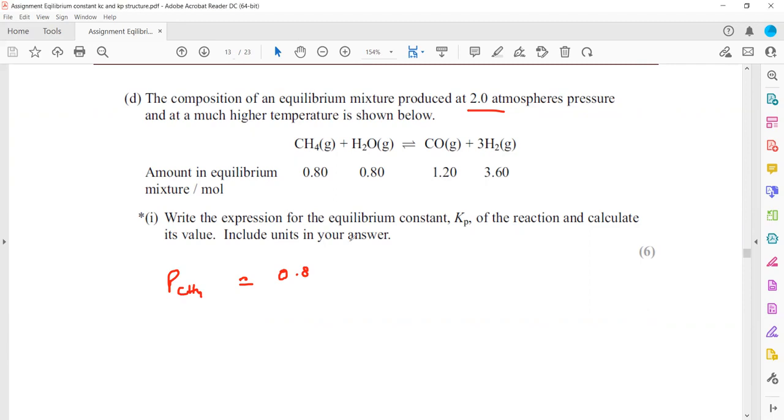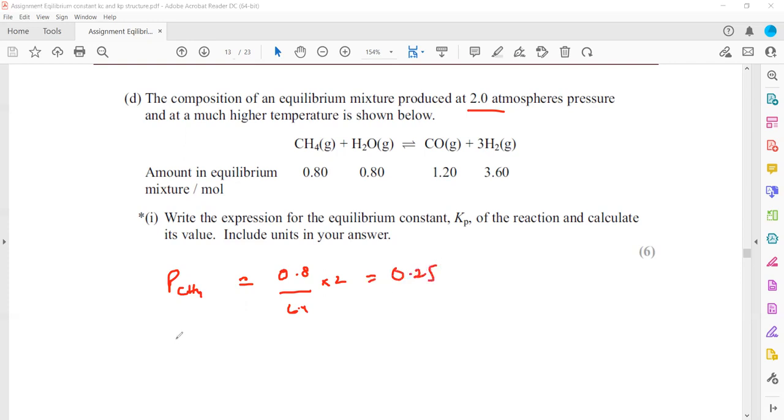So this will be 0.8 plus 0.8 plus 1.2 plus 3.6. So the total moles are 6.4, and then multiplied by total pressure 2. So 0.8 multiplied by 2 divided by 6.4 gives us 0.25. So the pressure of methane is 0.25.